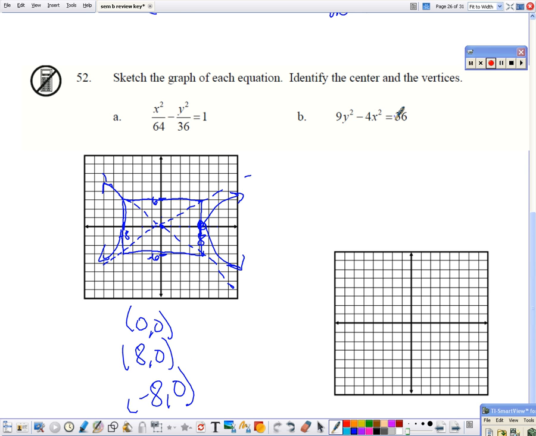Now for this one, I need to divide everything by 36 before I start. So we have y squared over 4 minus x squared over 9 equals 1. So again, my center is at 0, 0. I'm going to count 2 in the y direction for my rectangle and 3 in the x direction.